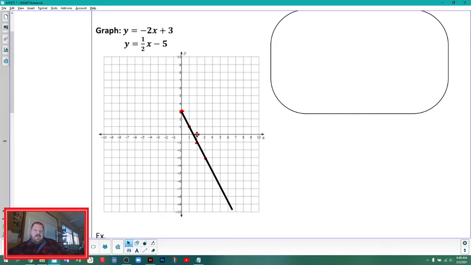It's never fun, but it is the best way to get through the points that I have. And then the next one goes through -5, and it goes up 1 and over 2. With that much information, I can make a pretty good line.